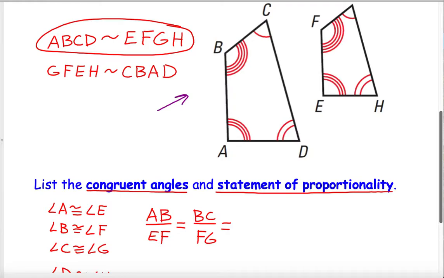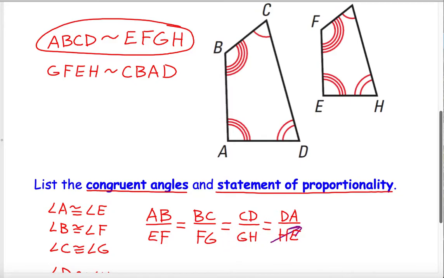And then side CD matches up with GH. And finally, DA matches up with HE. So what this is saying is that if you take the ratio of any two corresponding sides, that'll equal the ratio of any two other matching sides. And so all these ratios should be the same.